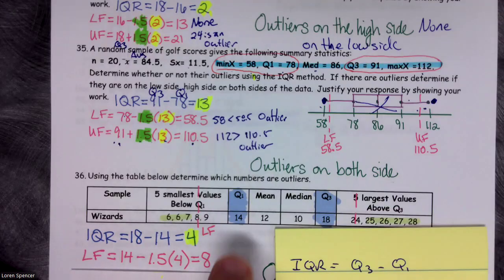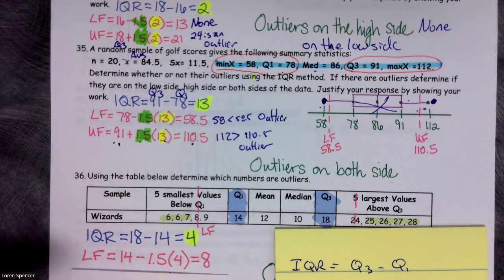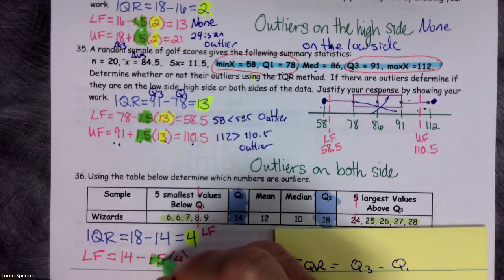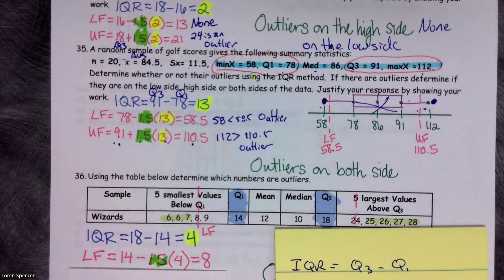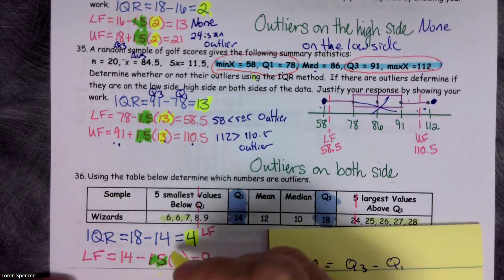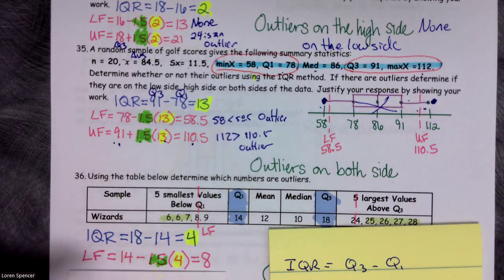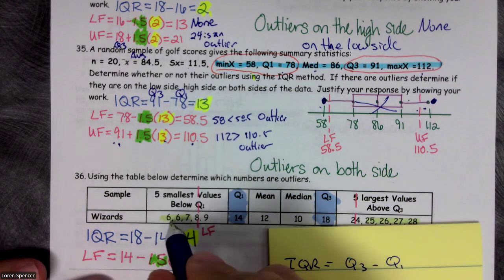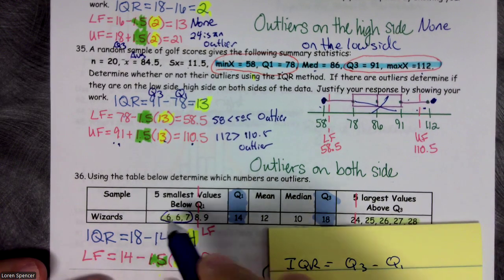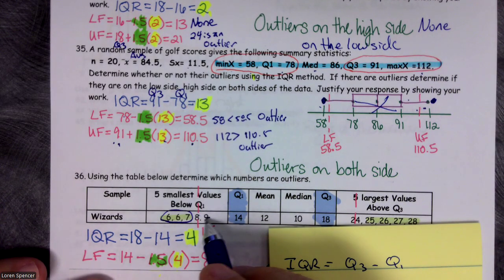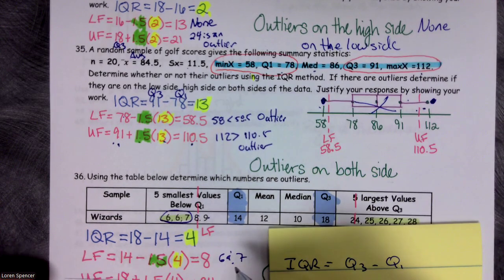So Q1 of 14 minus the 1.5, which is part of the formula, times 4, which again was our IQR, gives us 8. So any value less than 8 is an outlier. So in this case, 9 is not less than 8, 8 is not less than 8, but 6 and 7 are. So 6 and 7 are outliers.